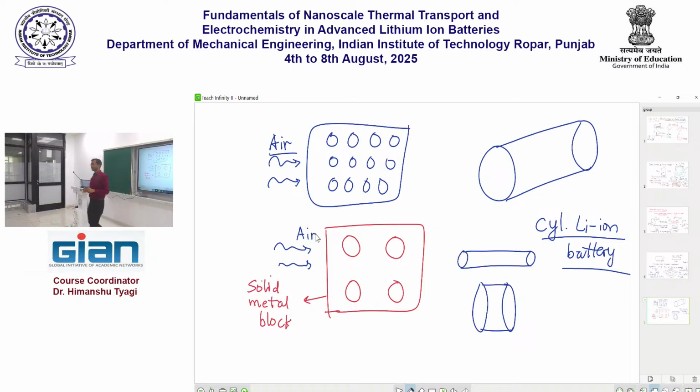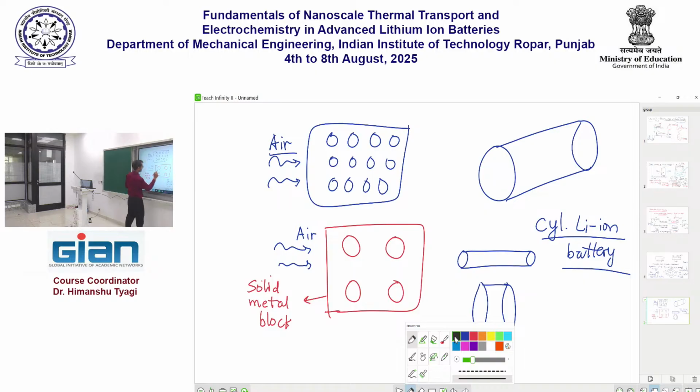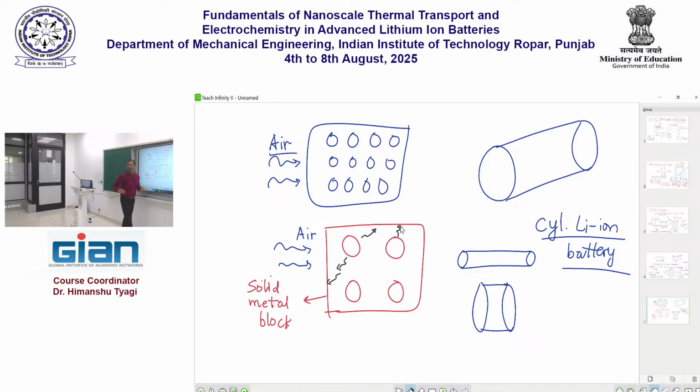then the air will not directly touch the cells. The heat generated inside the cells has to first conduct through the solid body to the outside surface of the solid body, and then the air blowing over the outside surface will remove heat. So it's a two-step process.